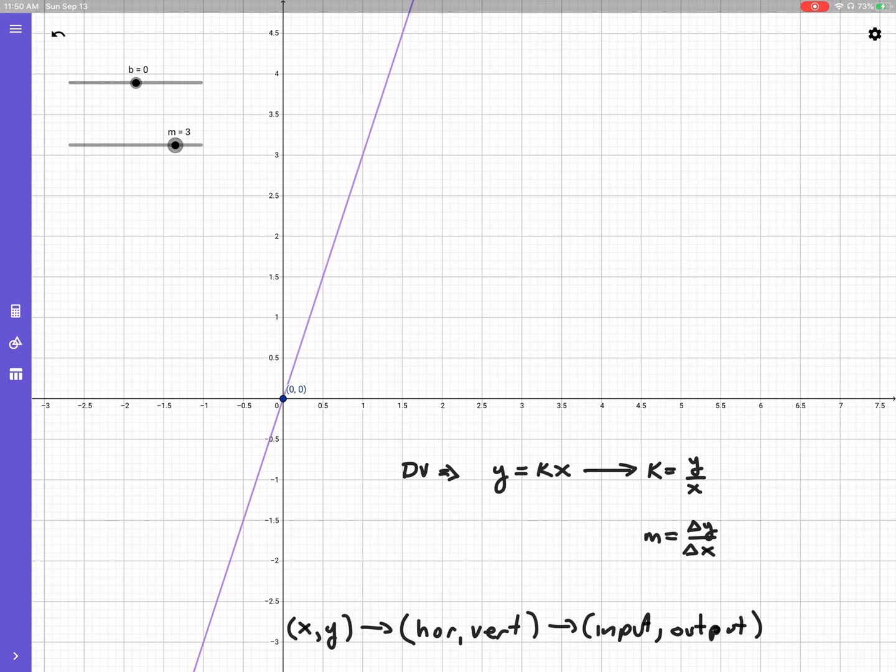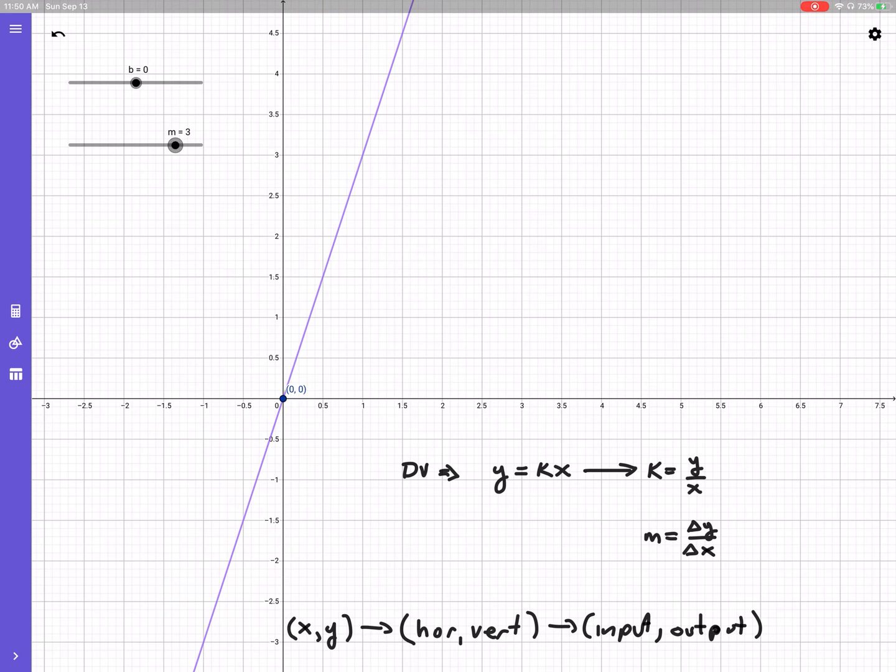Point 0.5, right? 0.5 and 1.5. Then there's 1, 3. How about 4? Can we go up to 5 actually? Notice we've gone over 1 unit in the positive direction, and we've gone up 5, and there is a point that crosses, right?